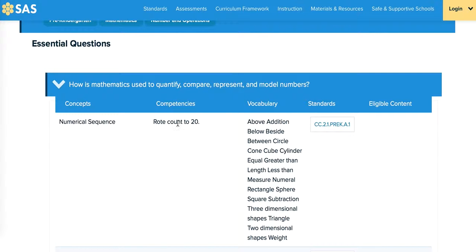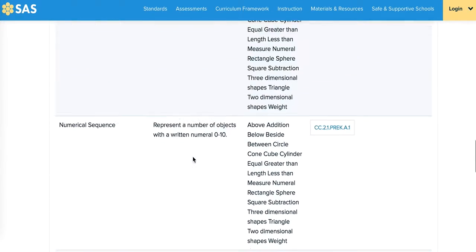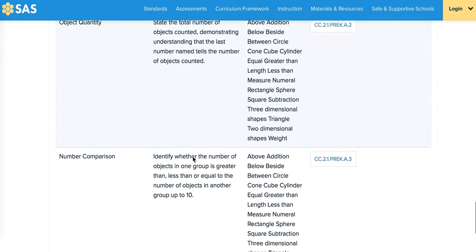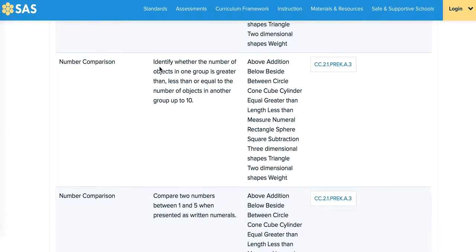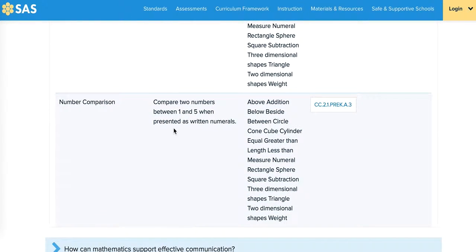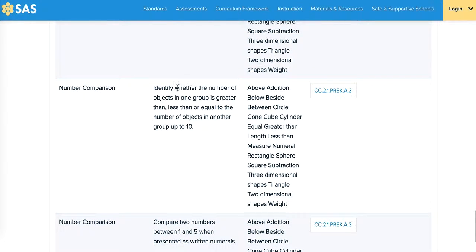So I'm going to scroll back down and we're going to look specifically at the competency for the standard that we were in. So the first competency is identify whether the number of objects in one group is greater than, less than, or equal to the number of objects in another group, up to 10 objects. The other number comparison standard is to compare two numbers between 1 and 5 when presented as written numerals. So this would be working with written numerals, and this is working with objects.